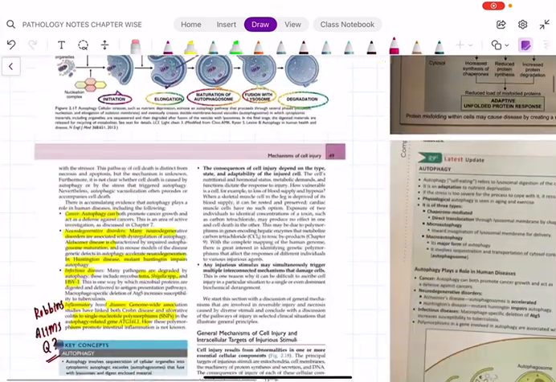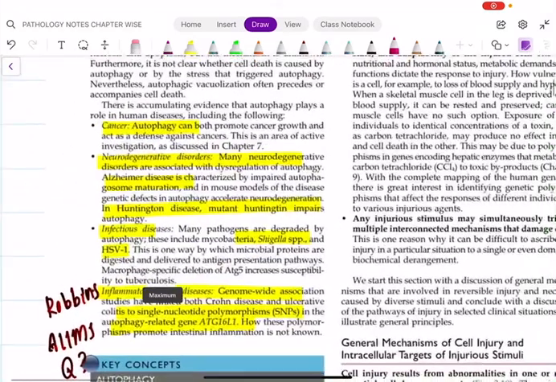Then we have some diseases where autophagy is implicated. Number 1, cancer. Autophagy can be directed against the cancer cells, so as a result of autophagy, the cancer cells will start dying. Number 2, neurodegenerative disorders like Alzheimer's disease and Huntington's chorea.